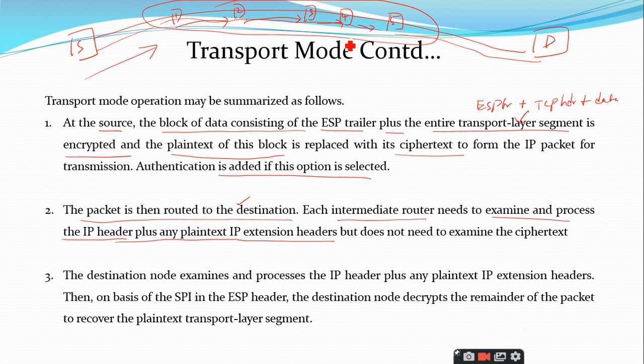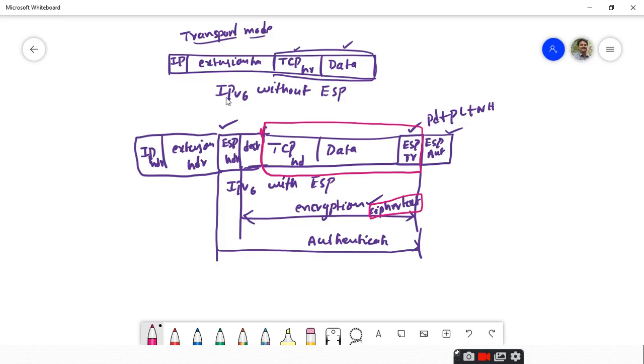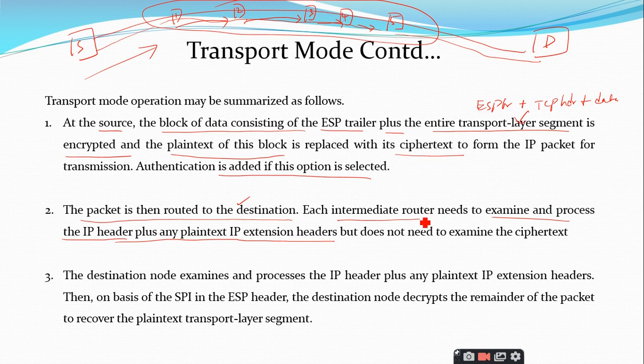Like this everything happens. But remember that it is going to examine the IP header only. It is not going to touch what is there in the ciphertext.